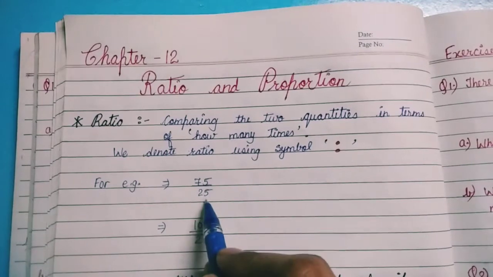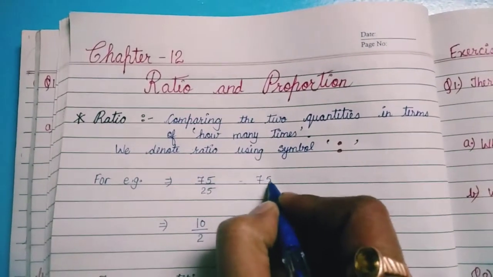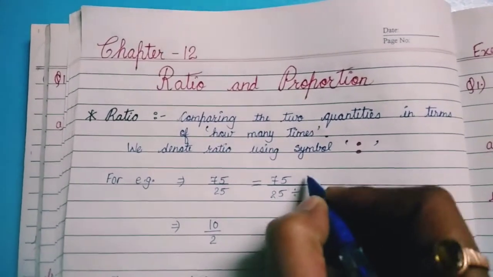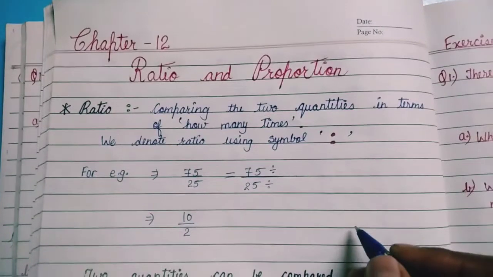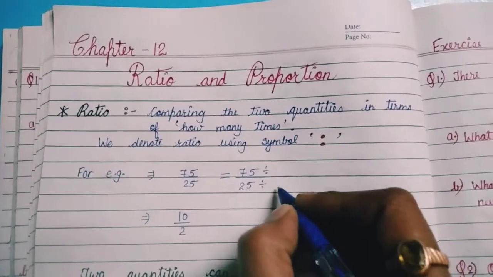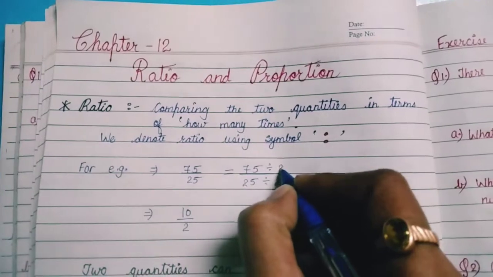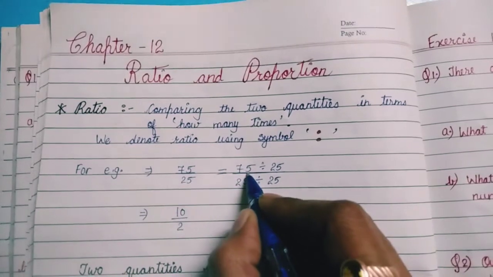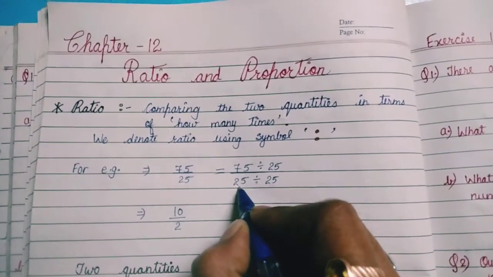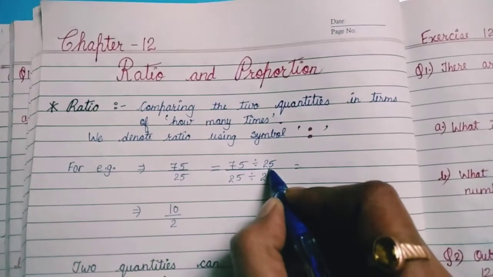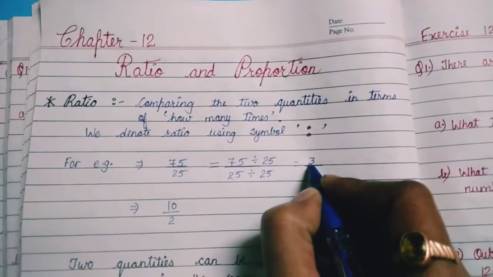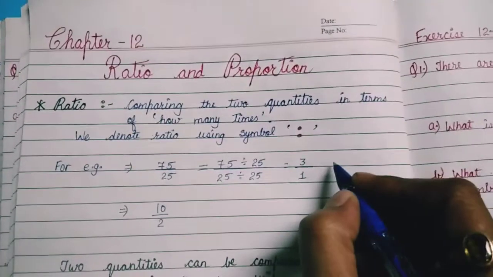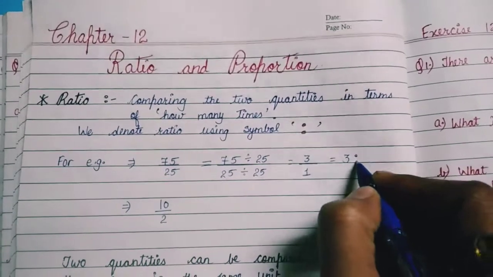They both can be simplified when we divide them by the same number, and that number is 25. We divide the numerator and the denominator by 25. So when 75 is divided by 25, we get 3, and when 25 is divided by 25, it gives us 1. So the ratio is 3:1.